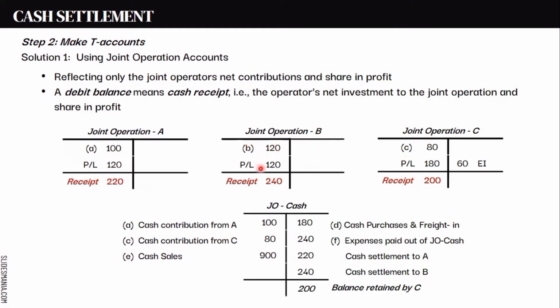This is his share in the profit, so he has a cash receipt of 240. And C, this is his contribution, his share in the profit, and then the charge to him of the cost of unsold merchandise of 60 pesos. So he has a cash receipt of 200. What they carry is the same. However, when it comes to cash receipts, it is a debit balance in the joint operation, and a credit balance in the personal accounts.